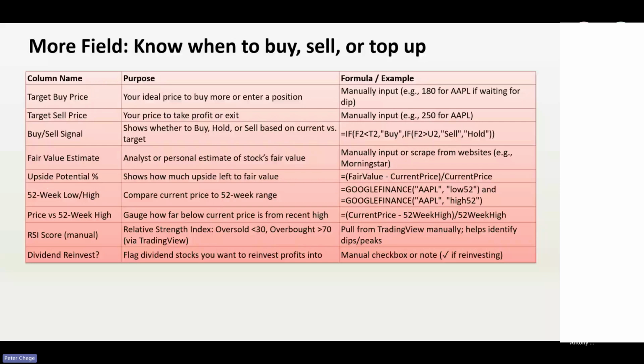Then dividend reinvestment. This you can do with a checkbox using an IF formula, so that if the stock gives a dividend, you can pull that using those formulas. If it gives a dividend, you can put the expected date of dividend payment, so that you know when to reinvest your dividend.